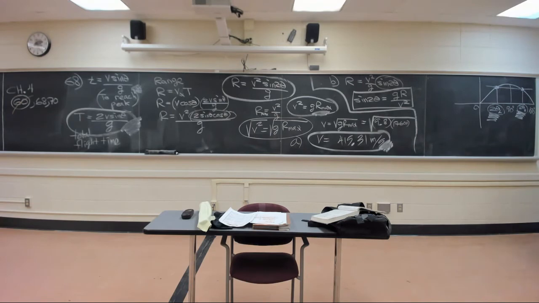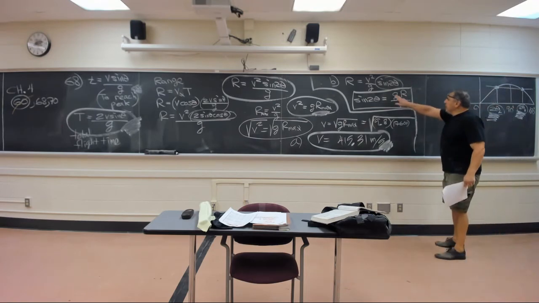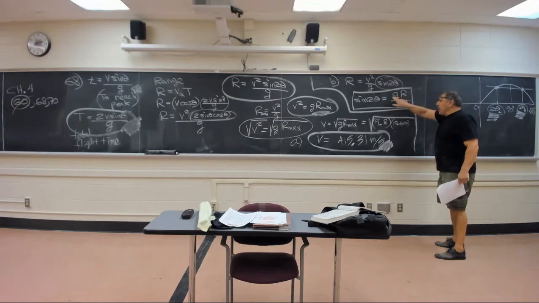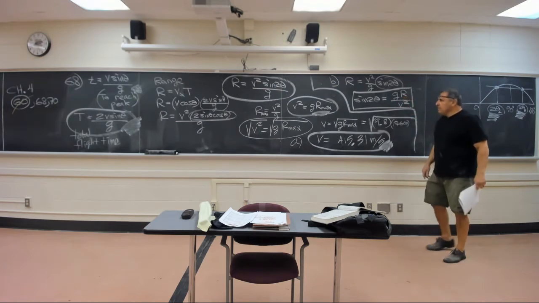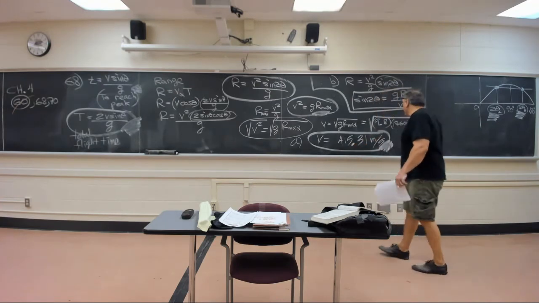So we have what we have here, guys. Let's see what we can say. Here's G. G is 9.8. R is 5,500. V squared is 415.31 squared.